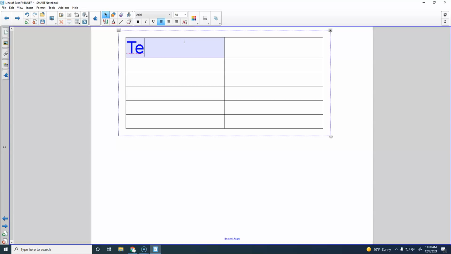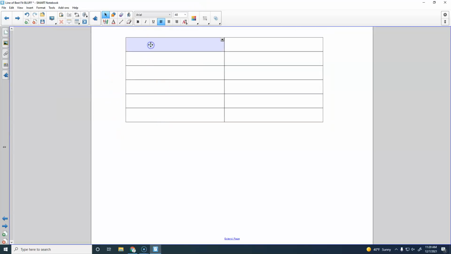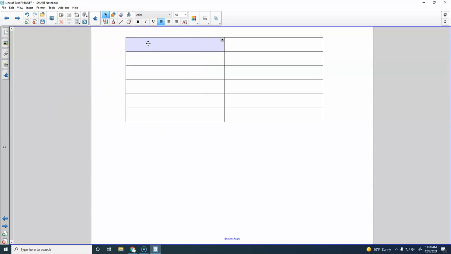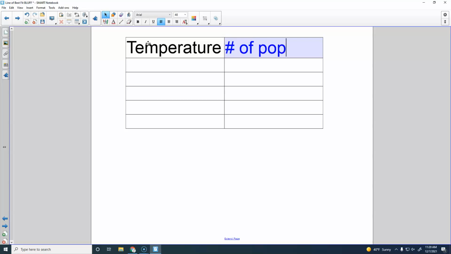Let's do temperature and number of popsicles.